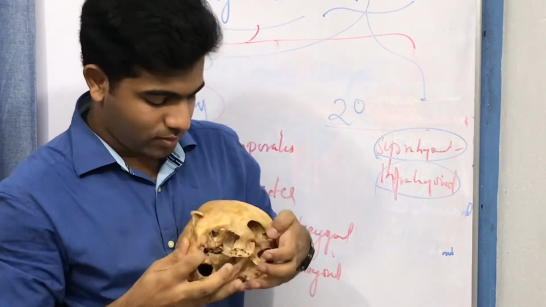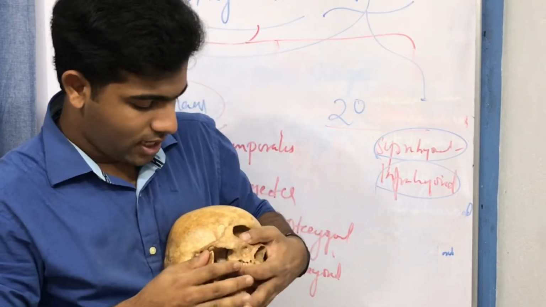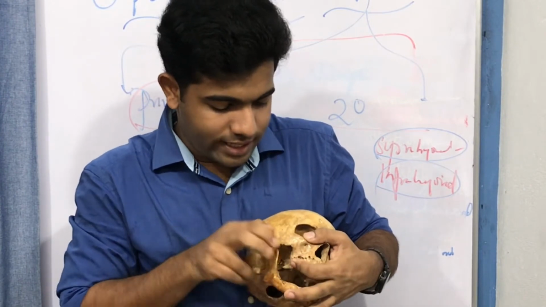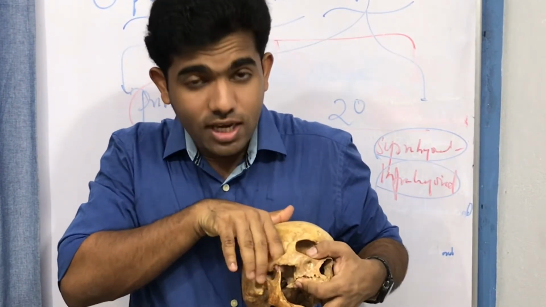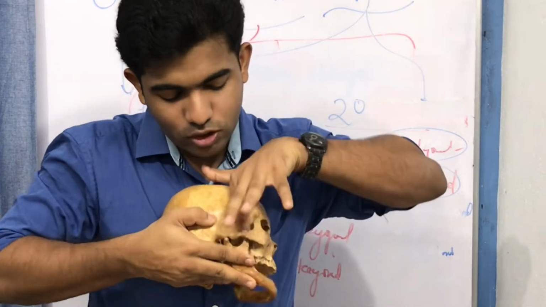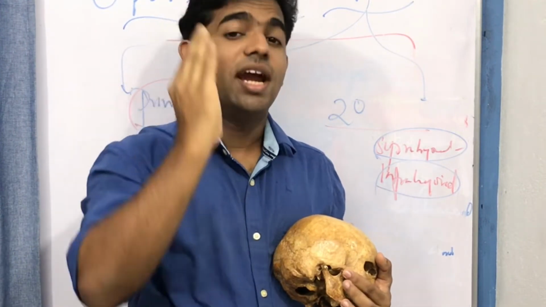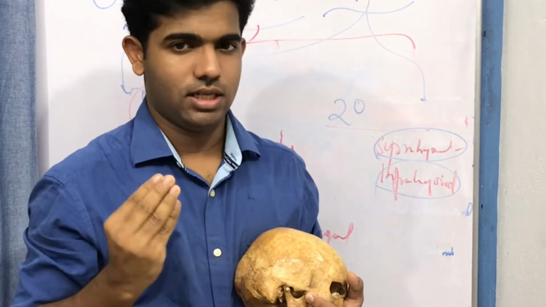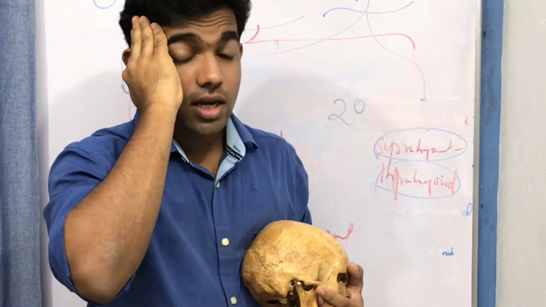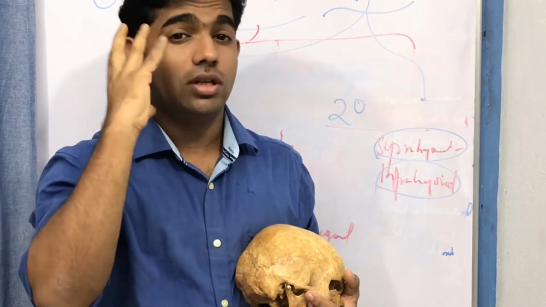So the temporalis muscle runs from the temporal fossa over here, and through this it gets attached to the coronoid process of the mandible like this. And this muscle is a very large muscle. It is a fan-shaped or a flat muscle, and you can readily palpate it. Do you want to palpate? Just place your hand over here and raise your forehead, or just clench your jaw like this.